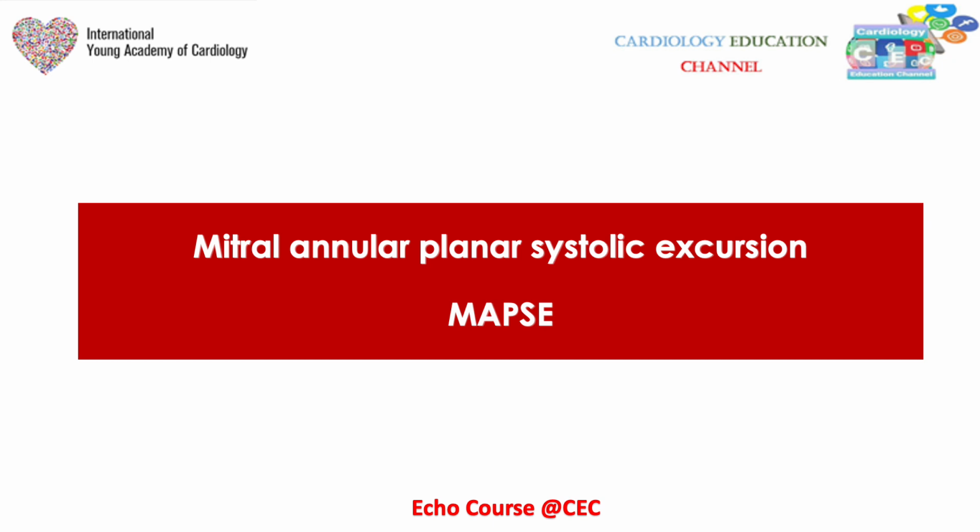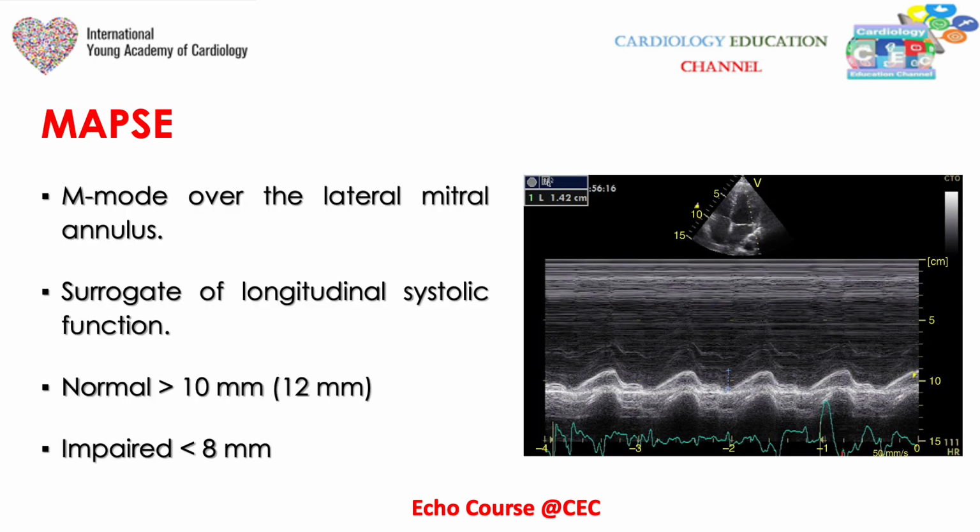The mitral annular plane systolic excursion, or MAPSE, is also a handy tool if you don't have strain imaging for assessing a patient's LV function and following up patients who are on chemotherapy. It uses M mode over the lateral mitral annulus, as you can see the cursor here. It's a surrogate of the longitudinal systolic function.